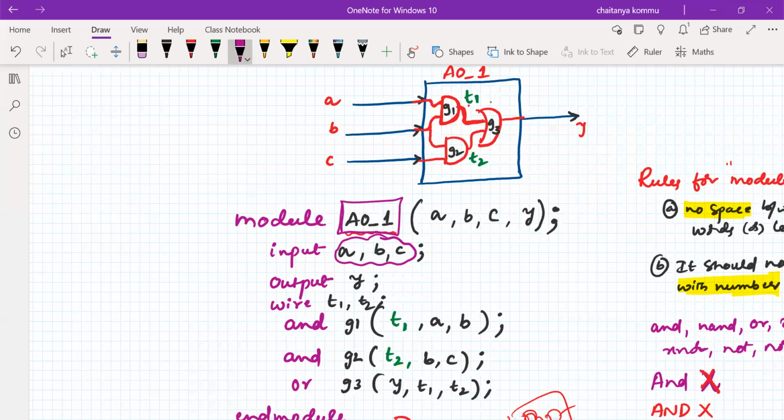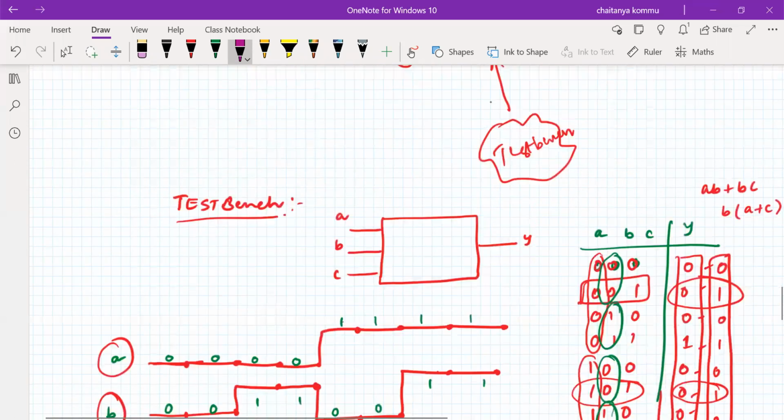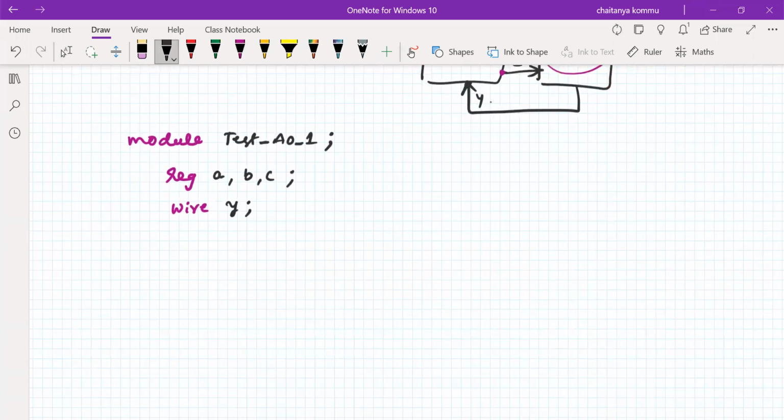This name is very, very important, because we have to call this name in the main program. The same name only we have to give. It is a precautionary thing that we have to understand: whatever name you have given, the same name we have to give here also.